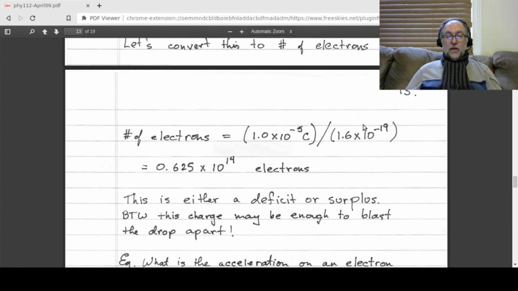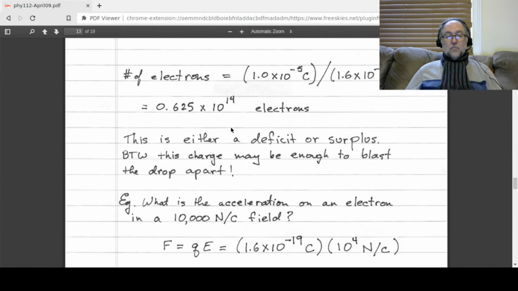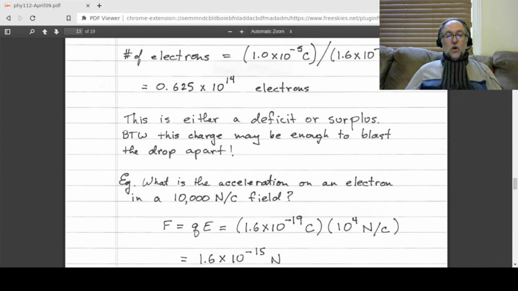One electron has a charge of 1.6 times 10 to the minus 19 coulombs. If you divide that, you're going to get 0.625 times 10 to the 14 electrons. Again, this is either a deficit or a surplus. I'm not sure which because I didn't tell you, but there it is.